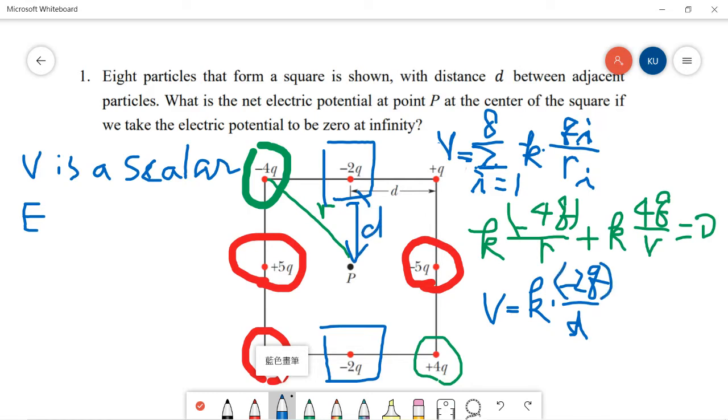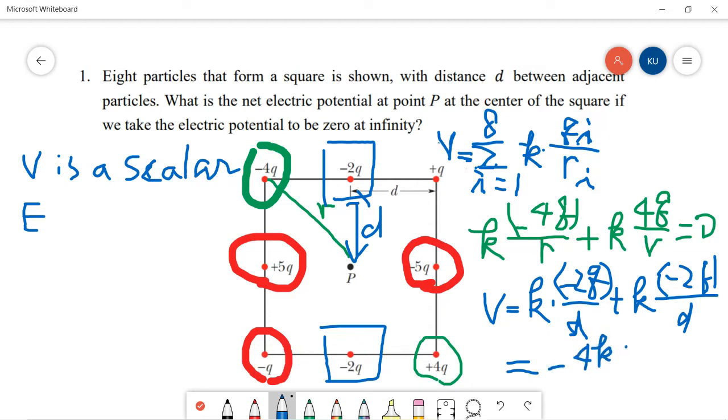So this is the first one, and the bottom one is the same, minus k times minus 2Q over d. So the answer would be minus 4kQ over d. This is the answer to this question.